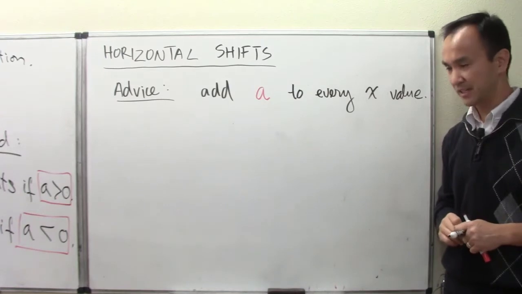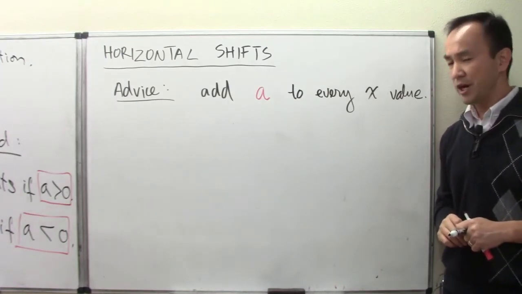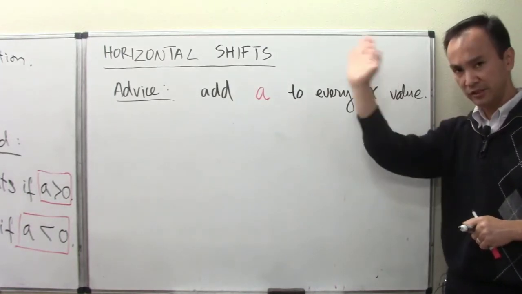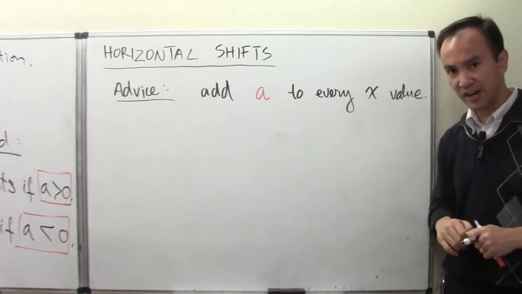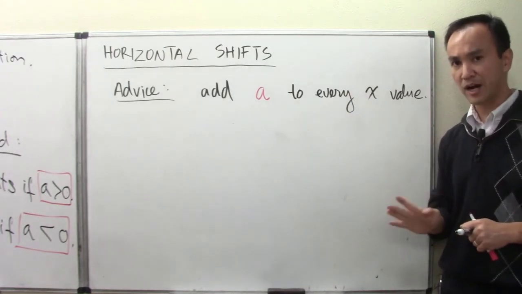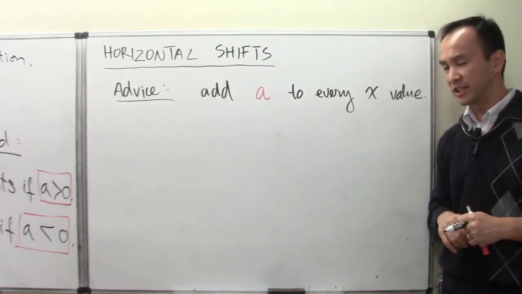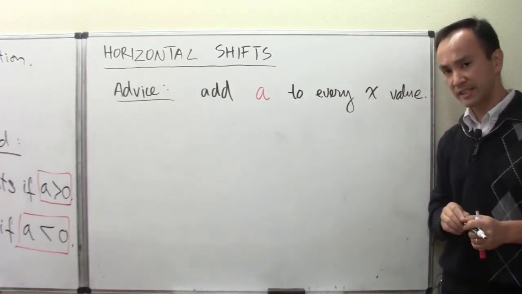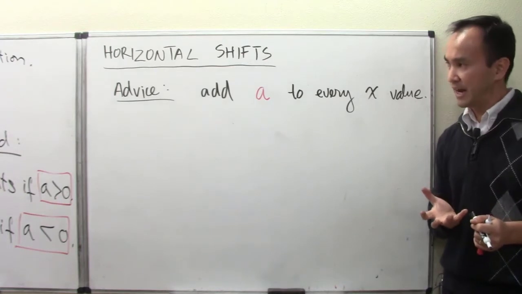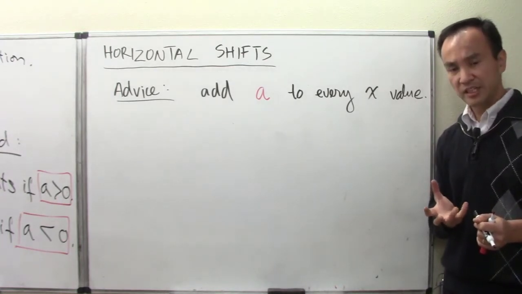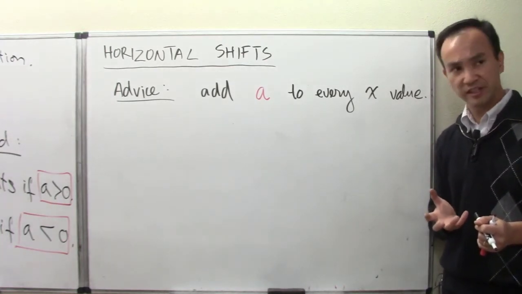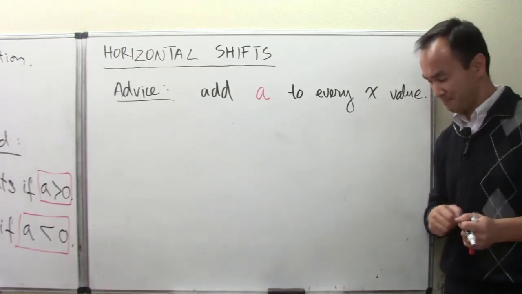Now at this point, upon showing the generality and having the advice here, let's apply our understanding to some actual work, some direct example where we use all of those skills about how we can horizontally shift a graph.